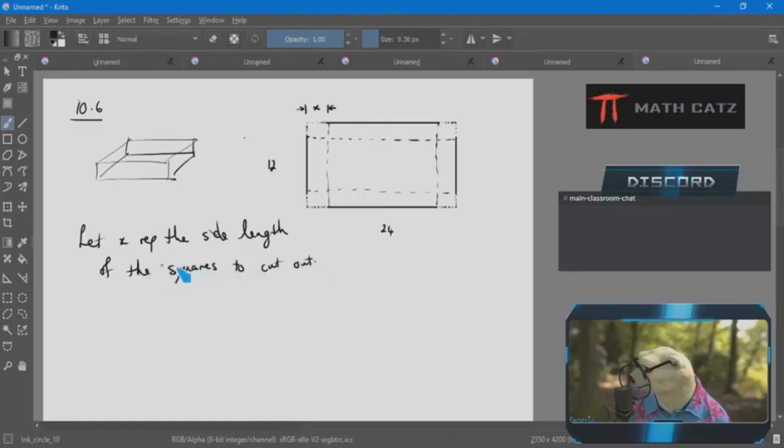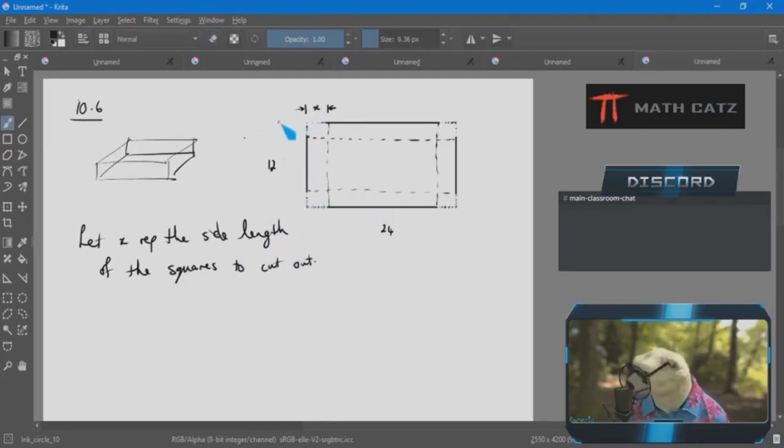Because specifically they are asking for the dimensions of that square that I'm gonna cut out. And of course, once I know that, I know the dimensions of the box as well.